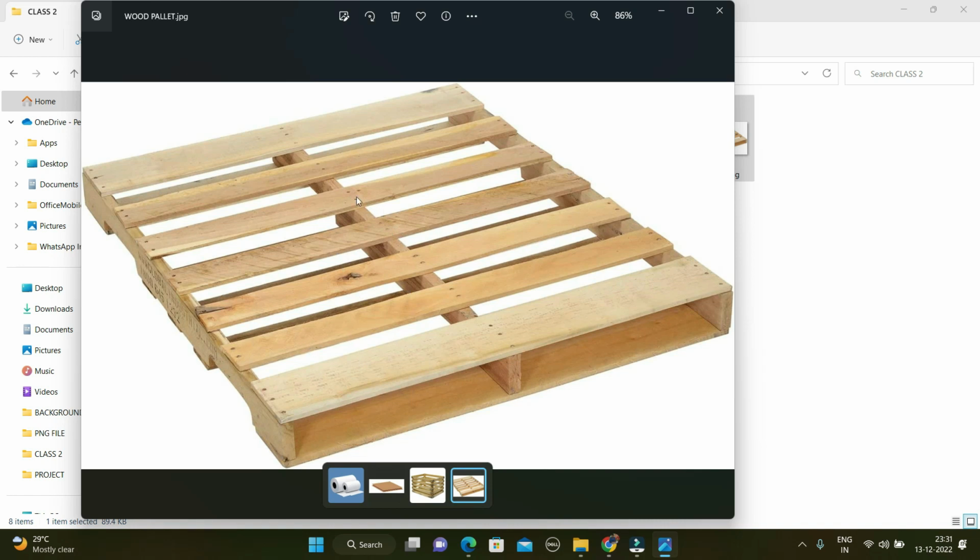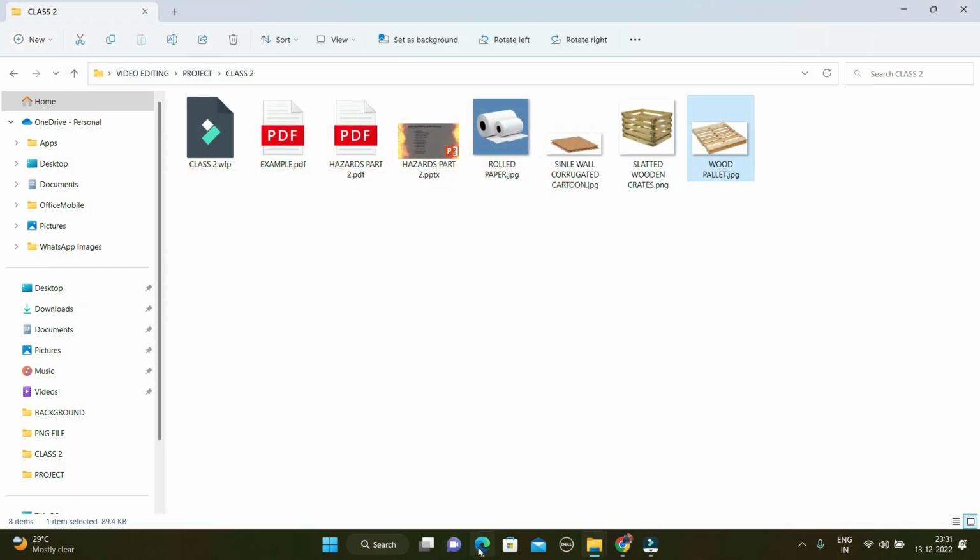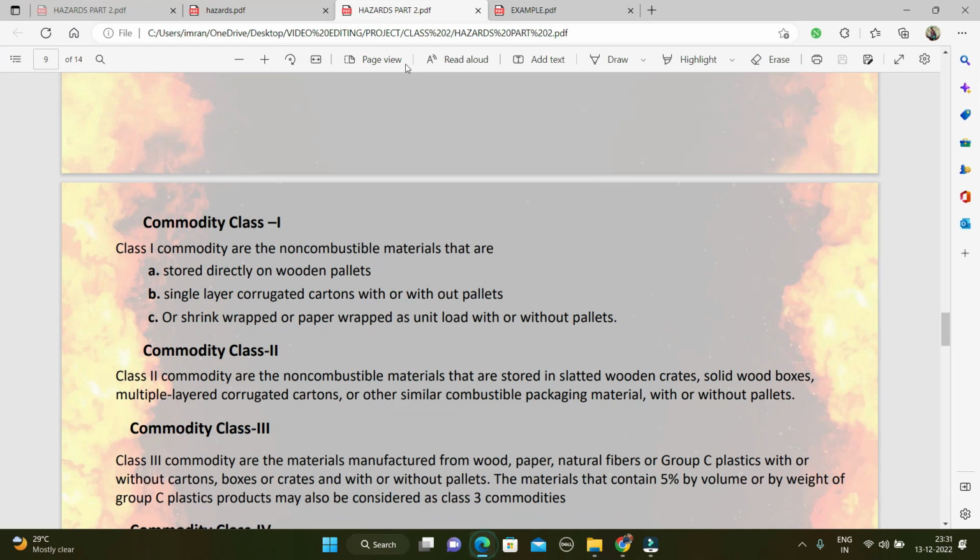But if this pallet is a wooden pallet, like we are seeing here, and the material is stored directly on the wooden pallets, then it will be considered as commodity class 1.